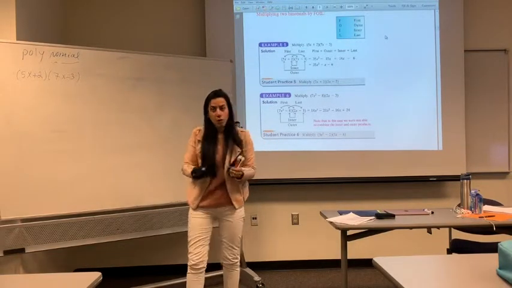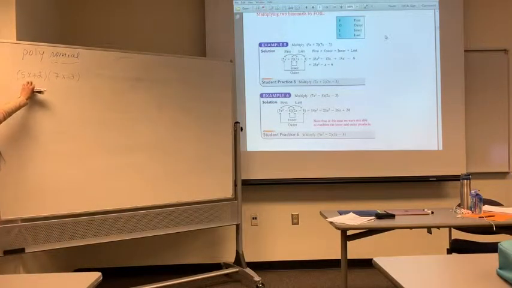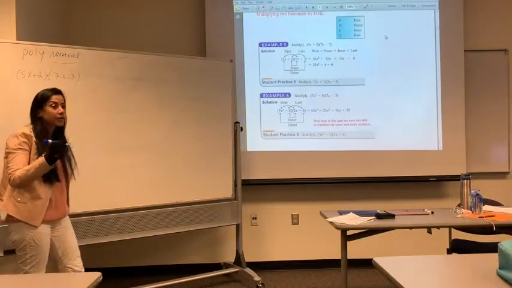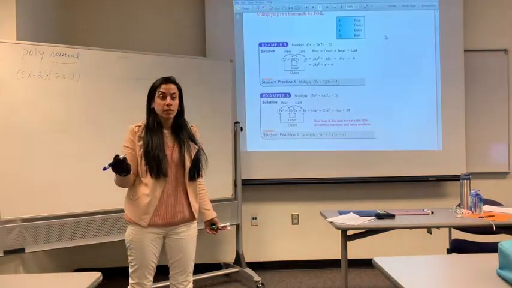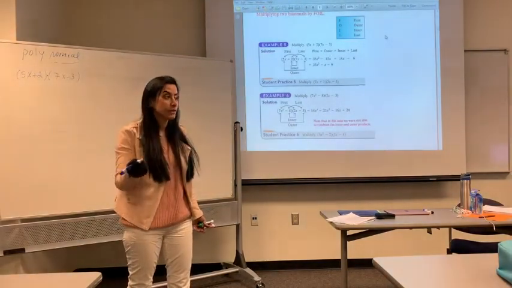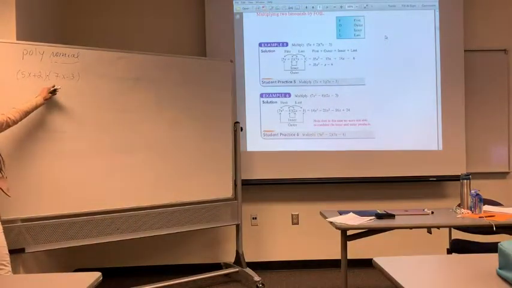The box method is easy. FOIL says, if you have two terms here, look at this. This is a multiplication. We already talked about addition and subtraction, right? Between two parentheses, we had a plus or negative sign. This is totally different. This is multiplication. This one multiplies to this one.